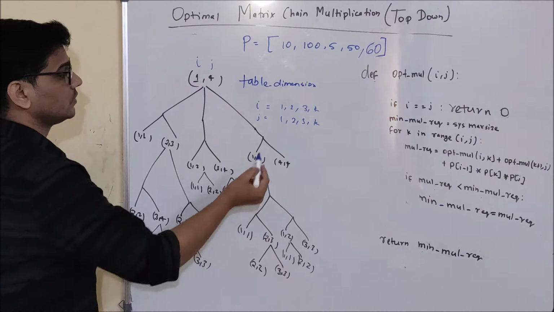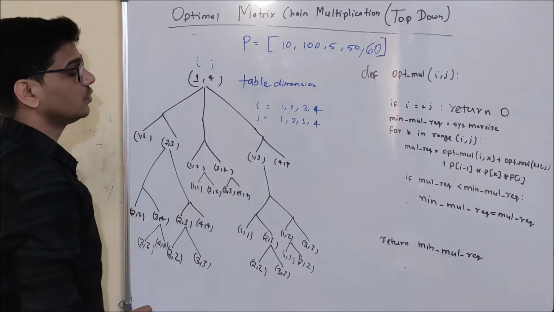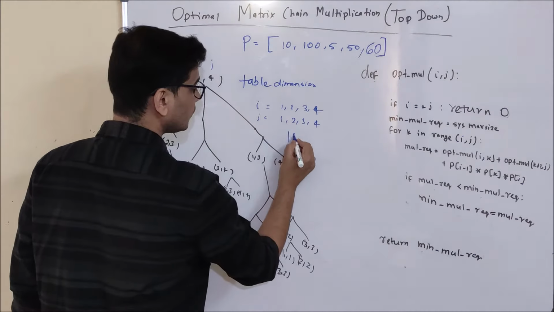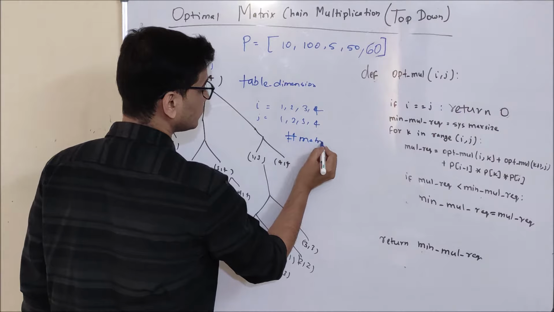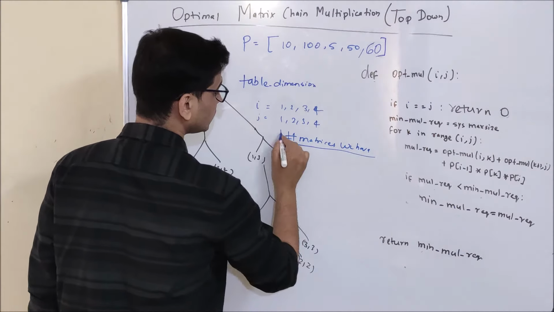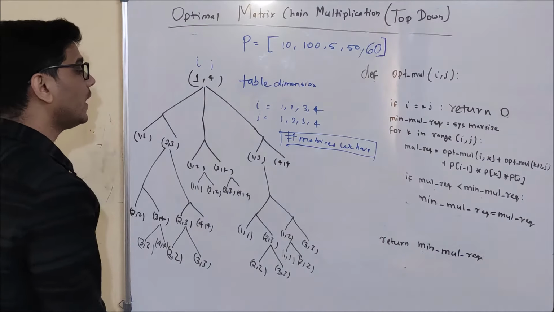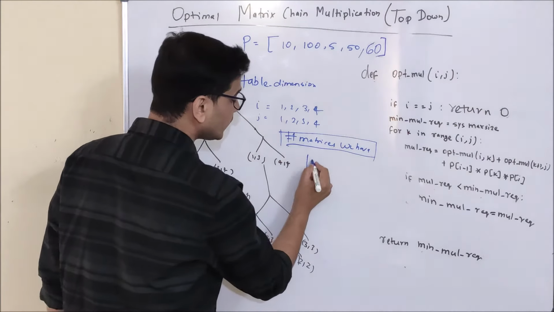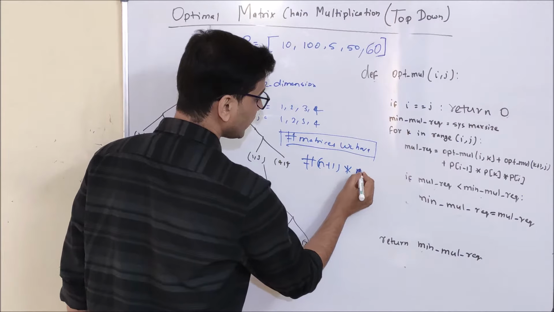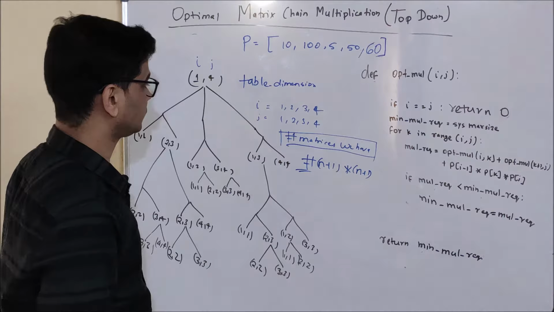So total distinct values taken by i and j will be the number of matrices we have. But to maintain the simplicity of this code, I will take this table dimension as n plus 1 cross n plus 1. So this will be the table dimension.